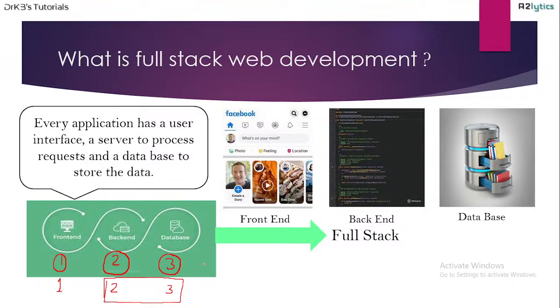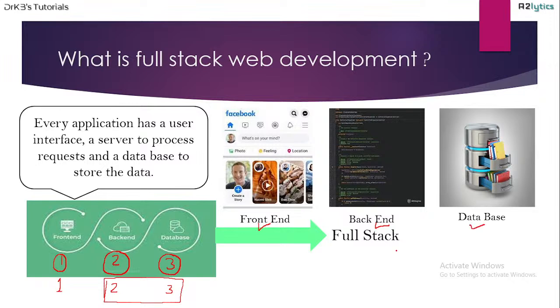Now if you see here, front end is nothing but an interface through which the user interacts, the application which can be opened in the web browser. Backend is an application which receives the user request, processes it and sends the data to the user, and database is where data is stored.